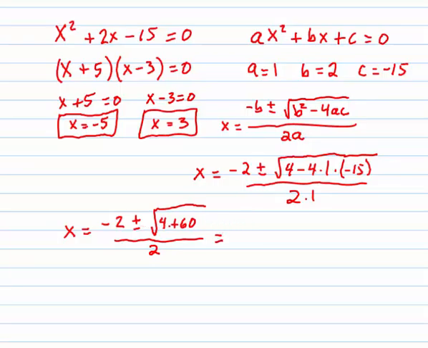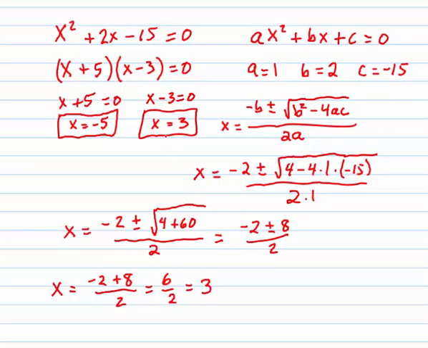So that's equal to the square root of 64 is 8. So we have minus 2 plus or minus 8 over 2. Okay, so one answer, x is equal to negative 2 plus 8 over 2, which is equal to 6 over 2, which is equal to 3.